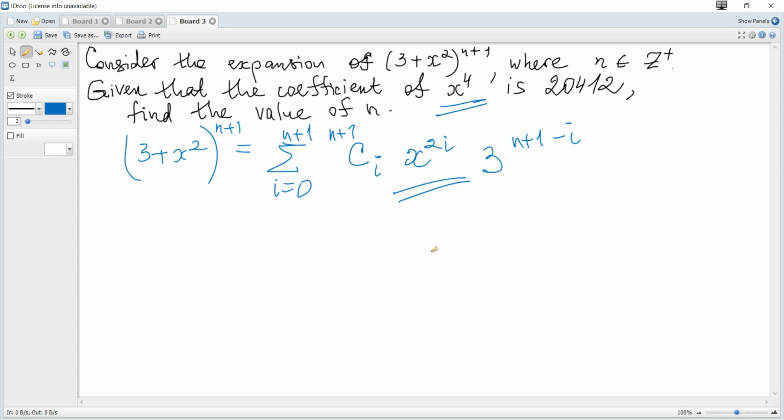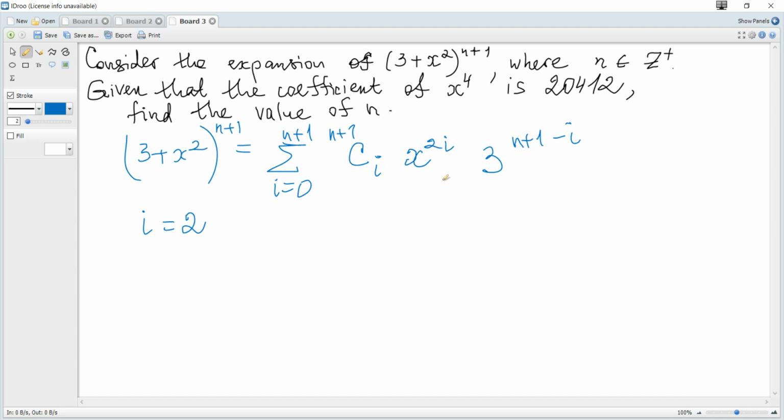In general we can consider x to the power of i, x squared to the power of n + 1 minus i, but when it's x to the power of 2i, we can clearly see that we get x to the power of 4 when i is 2. So when i is 2, we get the term containing x to the power of 4. And actually, we need this term to be considered.